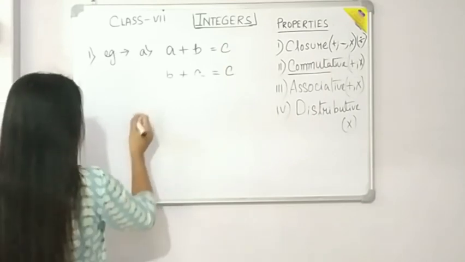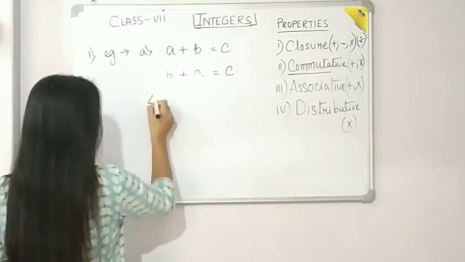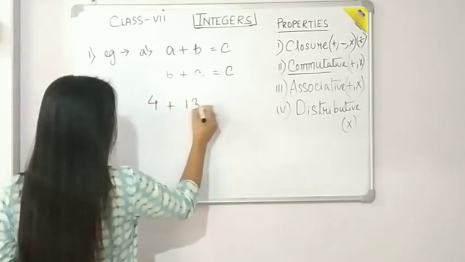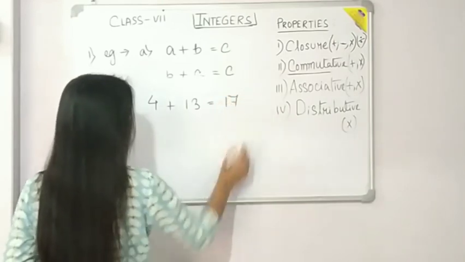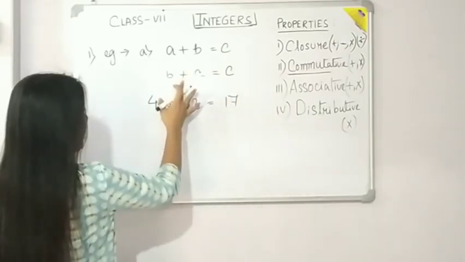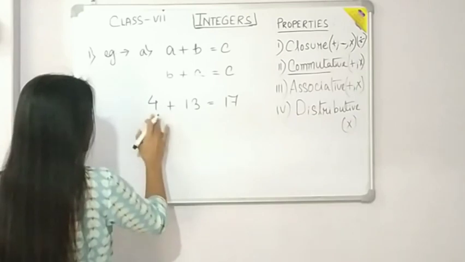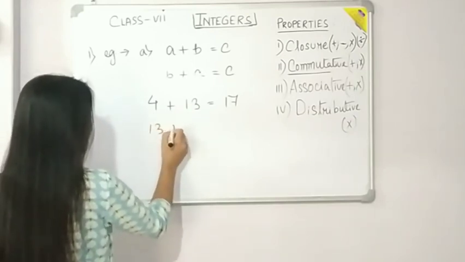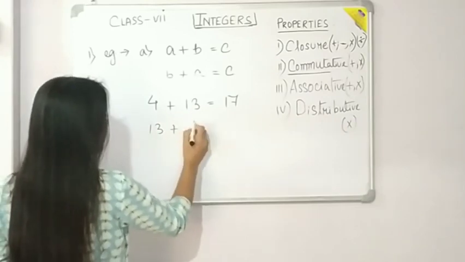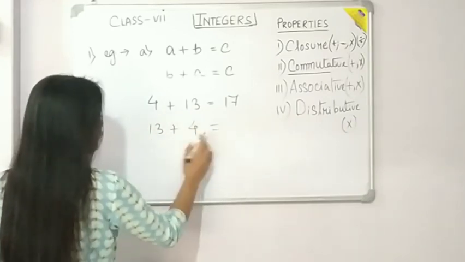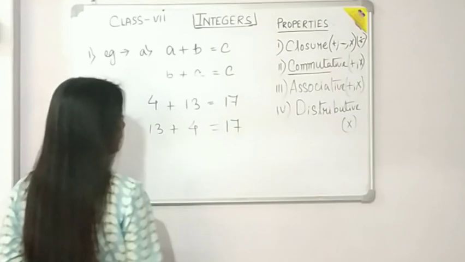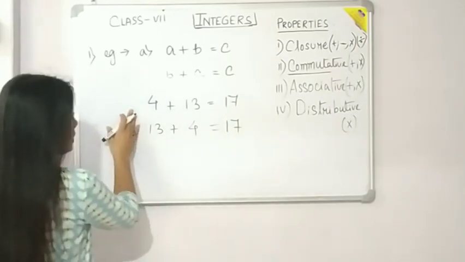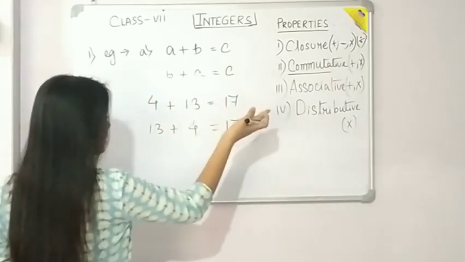As for example, let us take 4 plus 13, which will give you 17. Now what we have to do? We have to swap the numbers. In place of a, we will take 13, and in place of b, we will take 4. So 13 plus 4 will give you how much? 17.